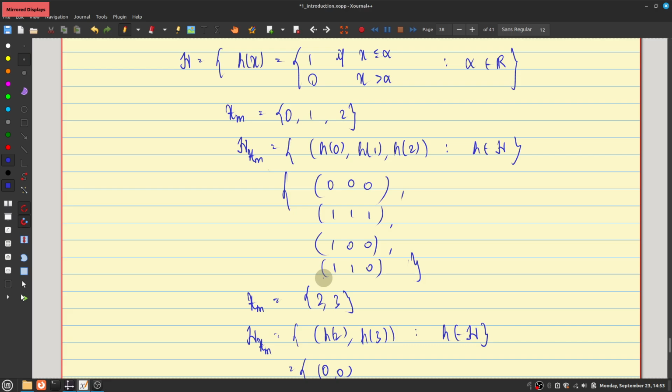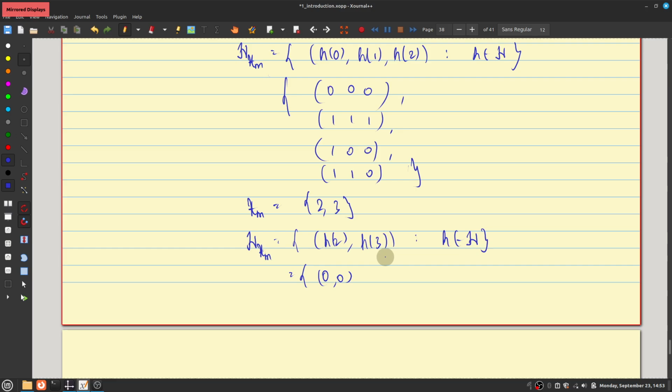Yeah, anything less than 2 will do, right? As long as alpha is less than 2, h of 2 is equal to 0 and h of 3 is equal to 0. Okay, now can I get, let's say, 1, 1? Yes, any threshold greater than 3 is going to give me 1, 1. Right? What about 0, 1?